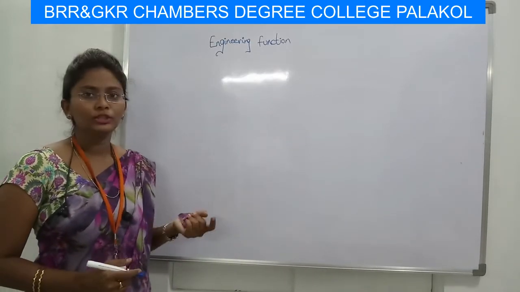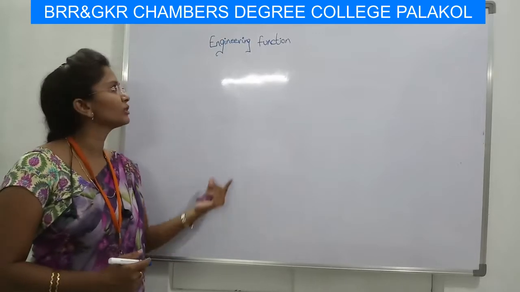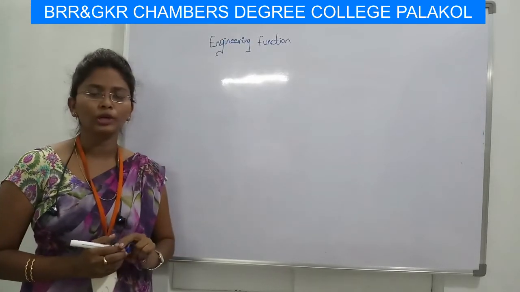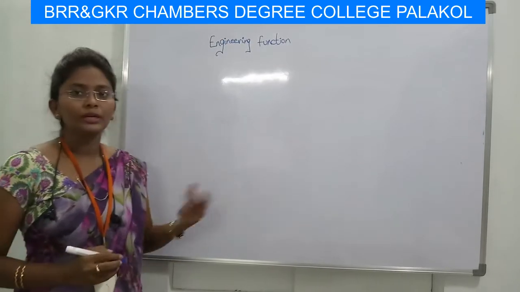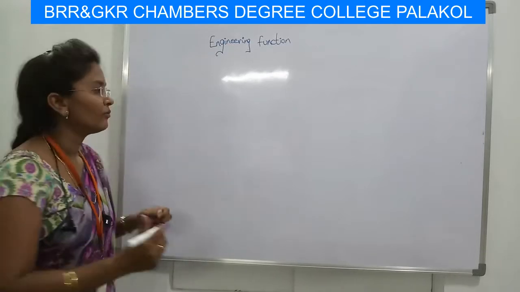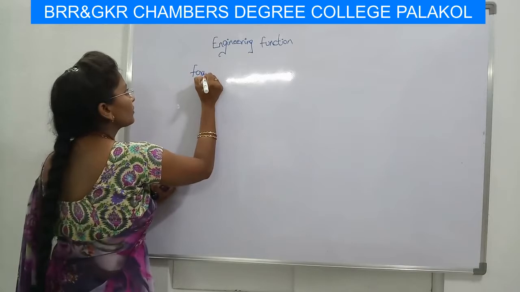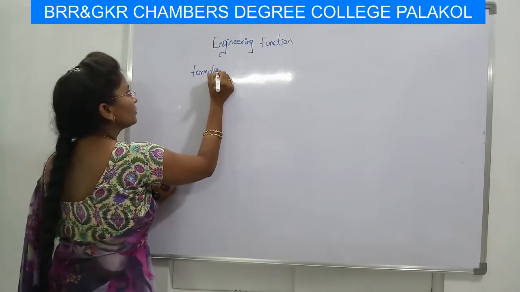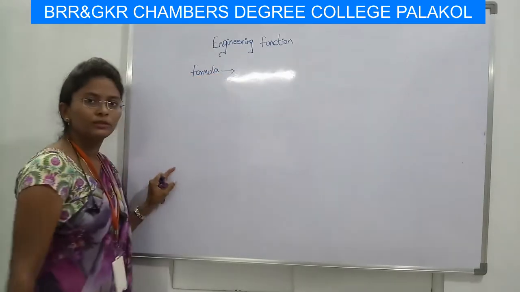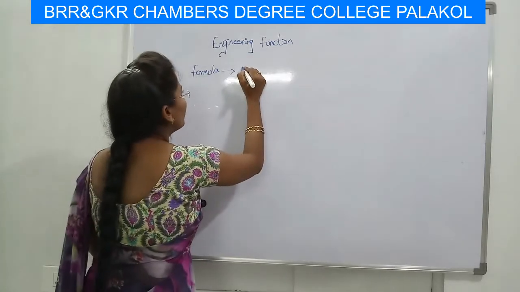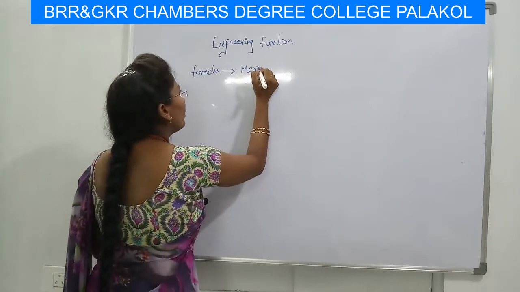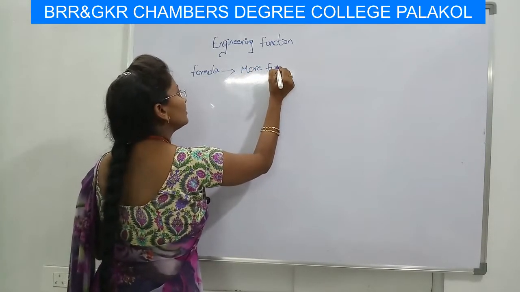But in Excel sheet, we have different functions in the engineering category. Here, how to open the engineering function means, first of all, click on the formula and then go for more options or more functions.